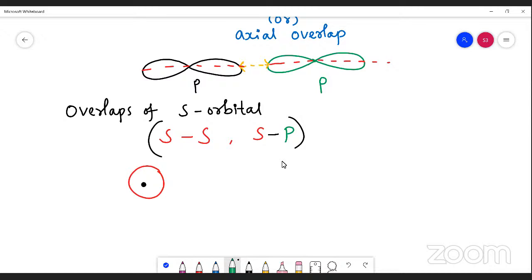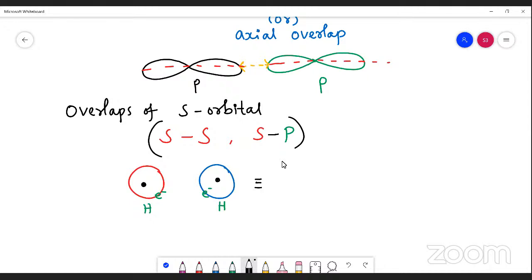In the same way, take another hydrogen atom, with the electron present like this. So this is SS. This is the atomic orbital of one hydrogen atom, and this is the atomic orbital of the second hydrogen atom, and they must overlap linearly.